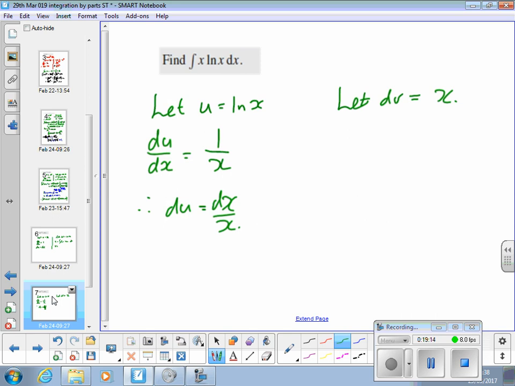Happy? Yeah. dv. So v is the integral of x dx. The answer to that is, what's the index here? 1, so we add 1 to it, divide by the new index.